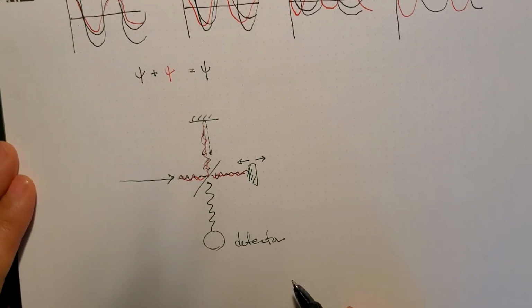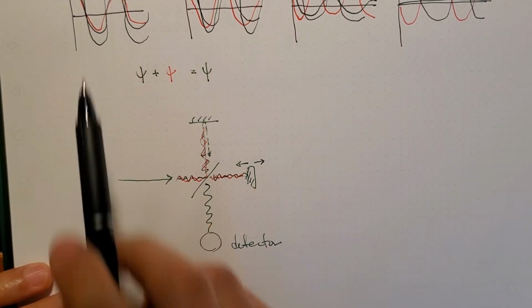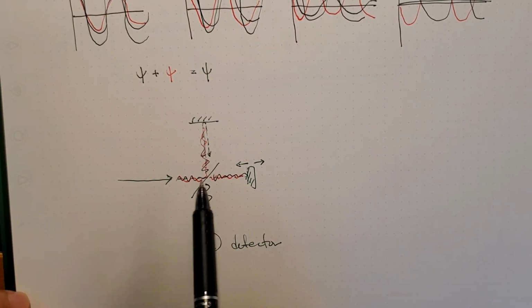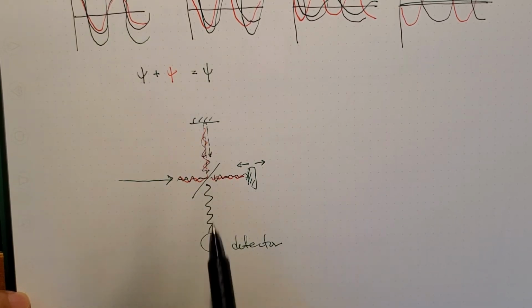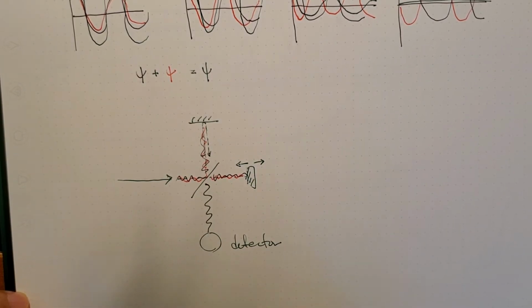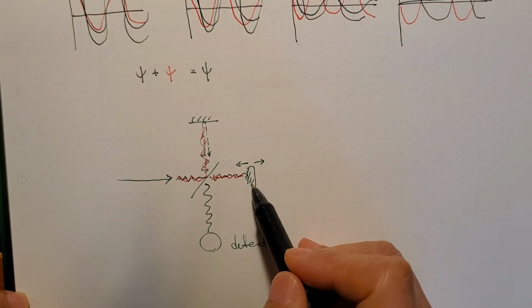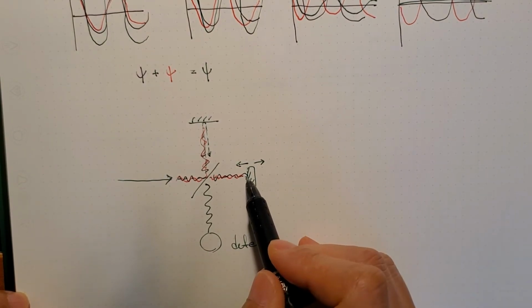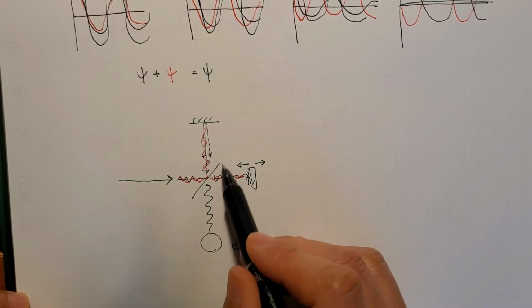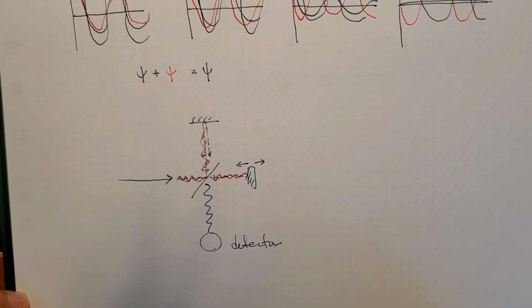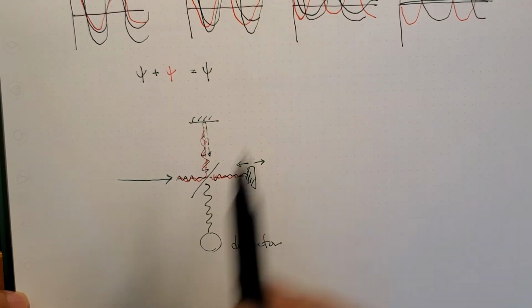So here, when you have the red and the black photons split and combined, generating the interferogram, as you have the mirror moving towards or away from the half mirror, this is what's happening.